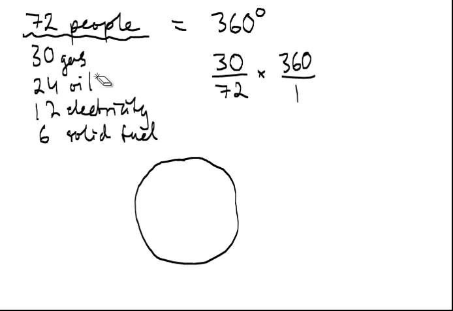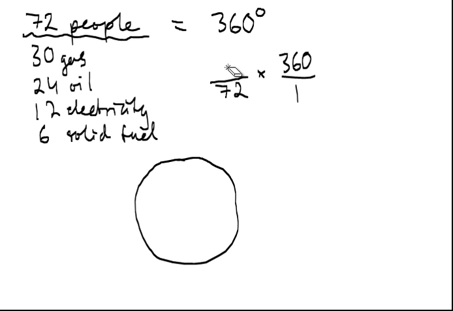So when it's time to calculate how many degrees is the oil option, it's going to be 24 up here, and the electricity, I'm going to write 12, and the solid fuel we're going to write 6.